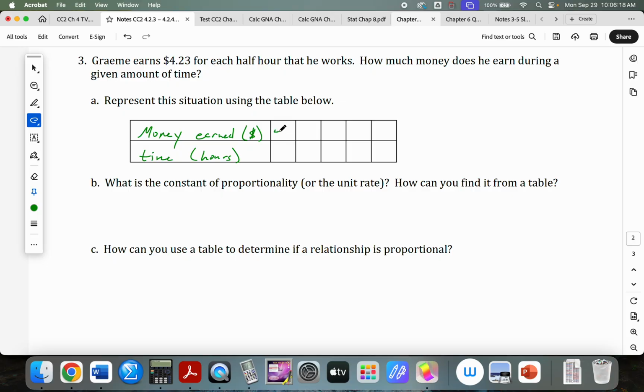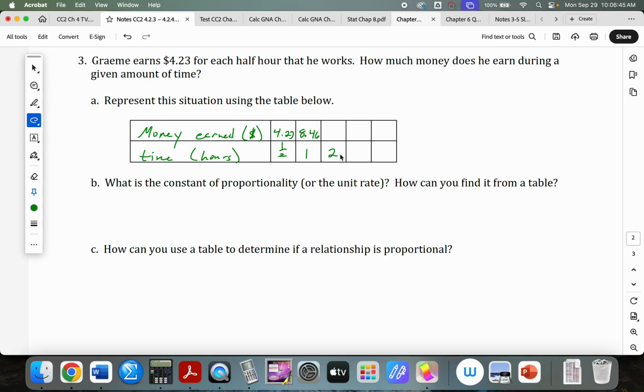So it's $4.23 for half an hour. So how much is it for 1 hour? Yes, sir. Exactly right. $8.46.